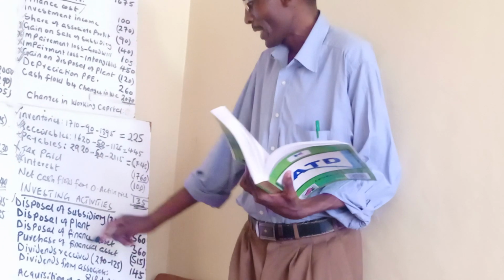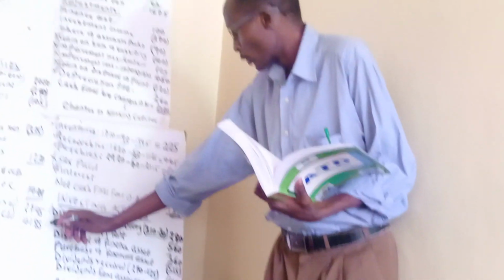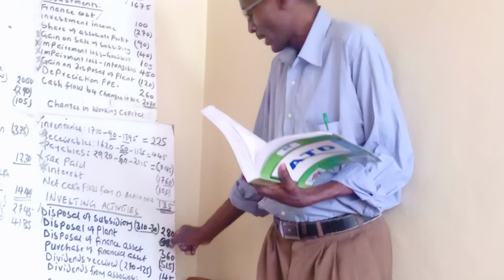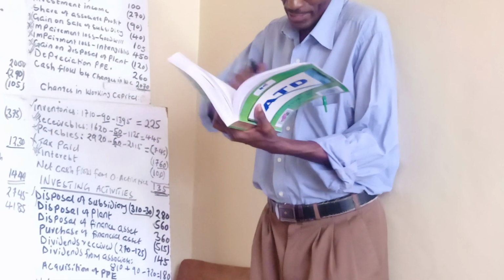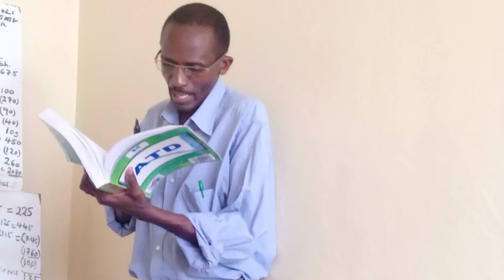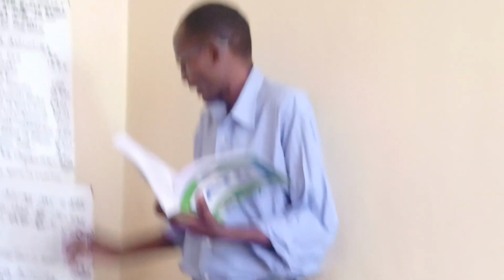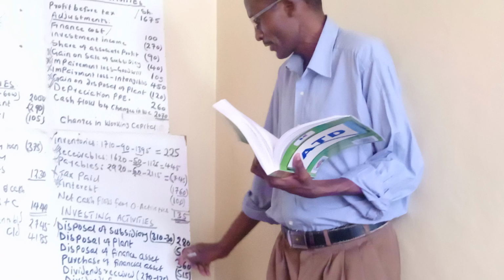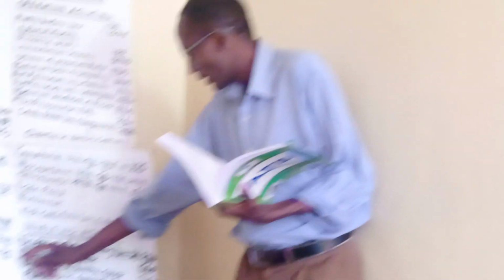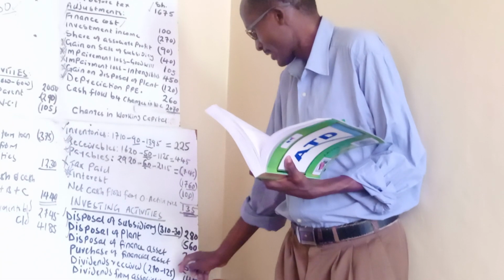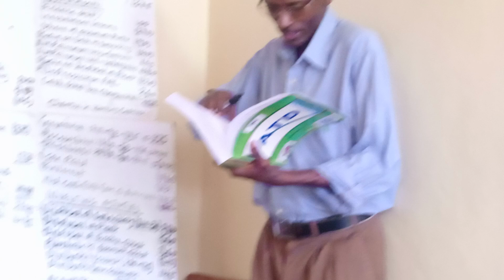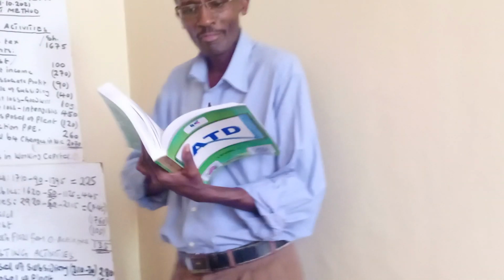Now from there, we have other items like disposal of plant, 560, you find it in additional information number 4. They disposed of a plant and received cash proceeds of 560. This is a plus. 560 is a plus, it's money in. Disposal of financial asset 360, that you find in additional information number 5 down there.